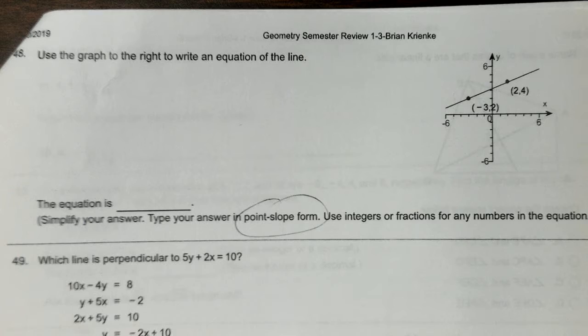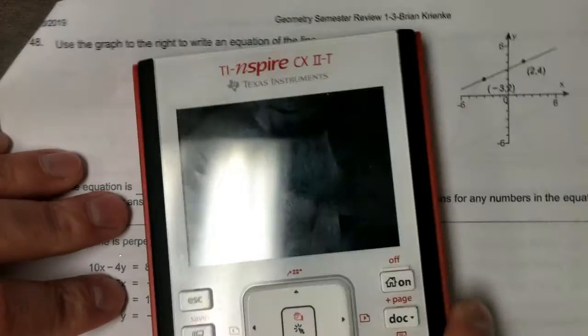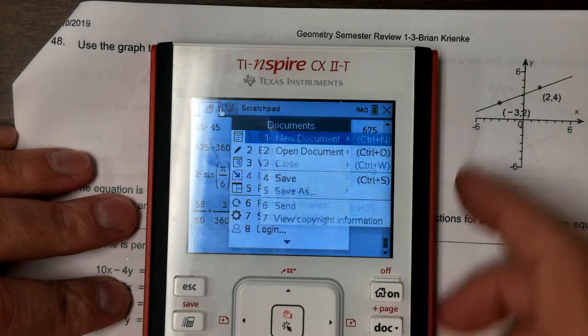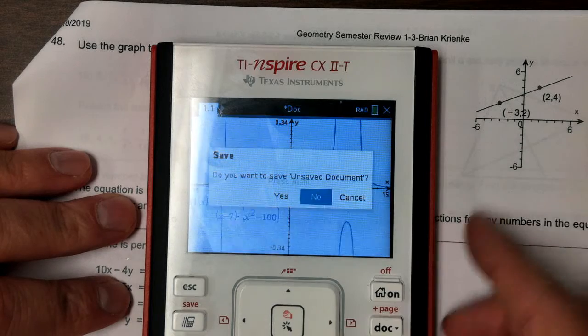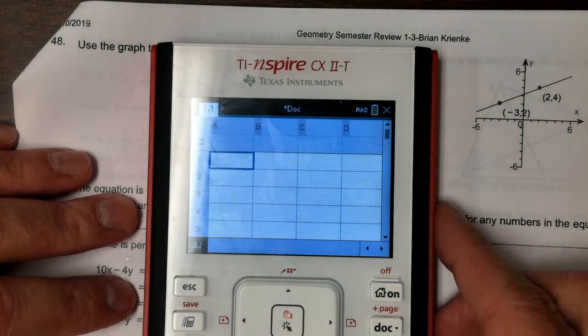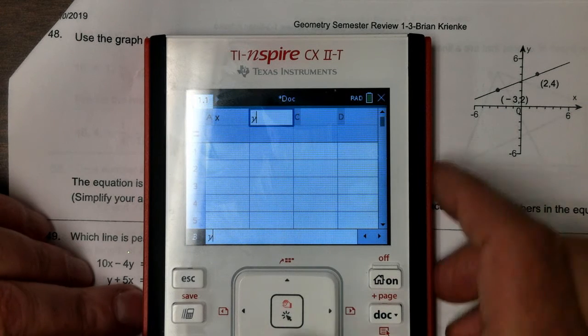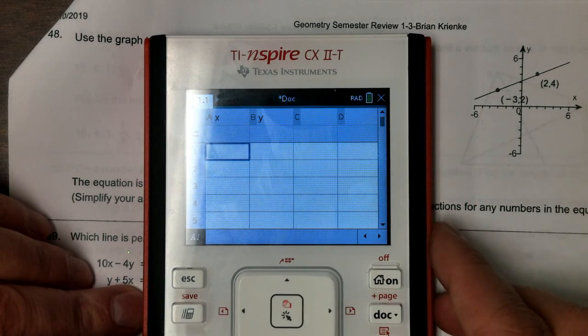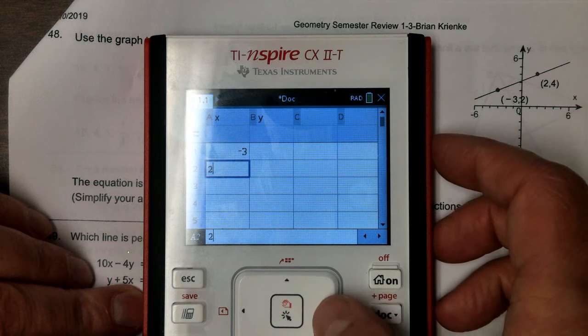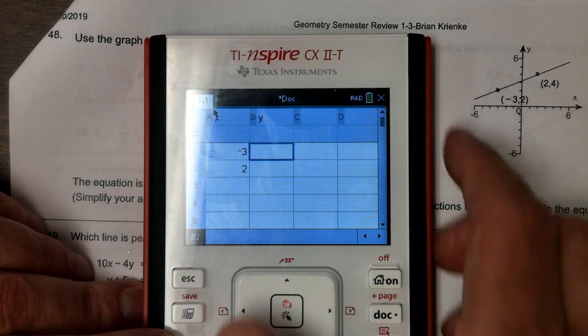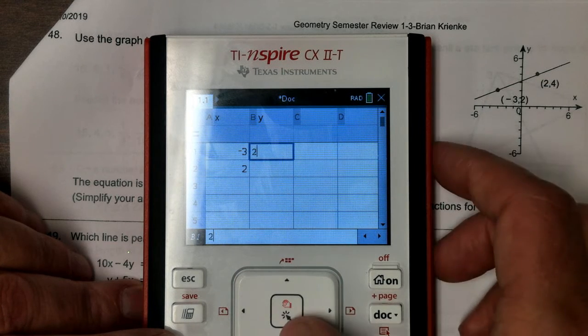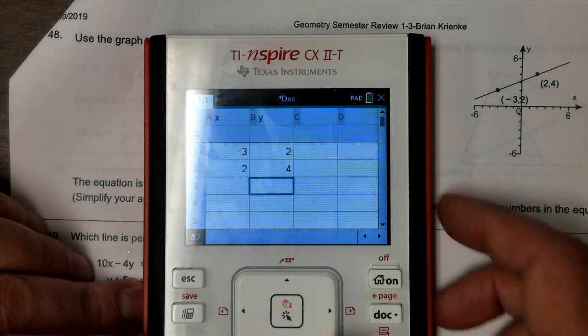The way I was going to start doing it was finding what the slope is through the calculator. So we put x here and y here, -3 and 2 for x, and 2 and 4 for the y's.